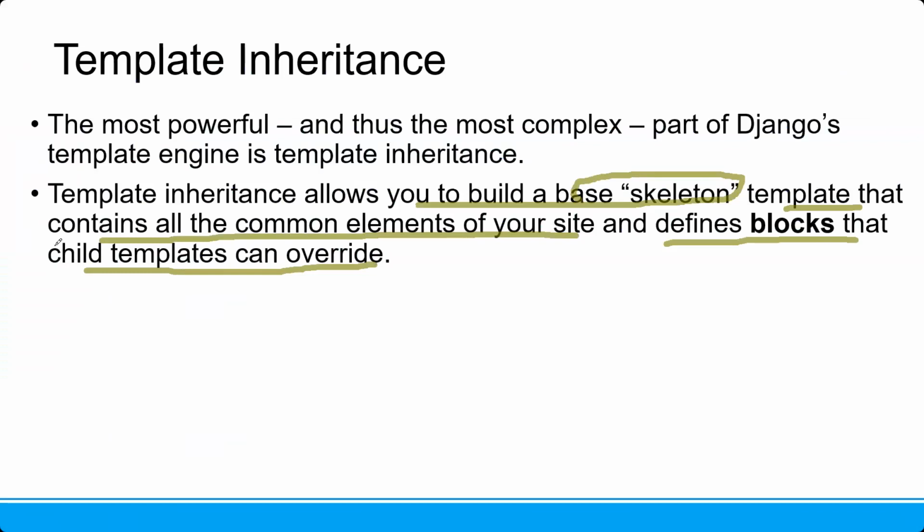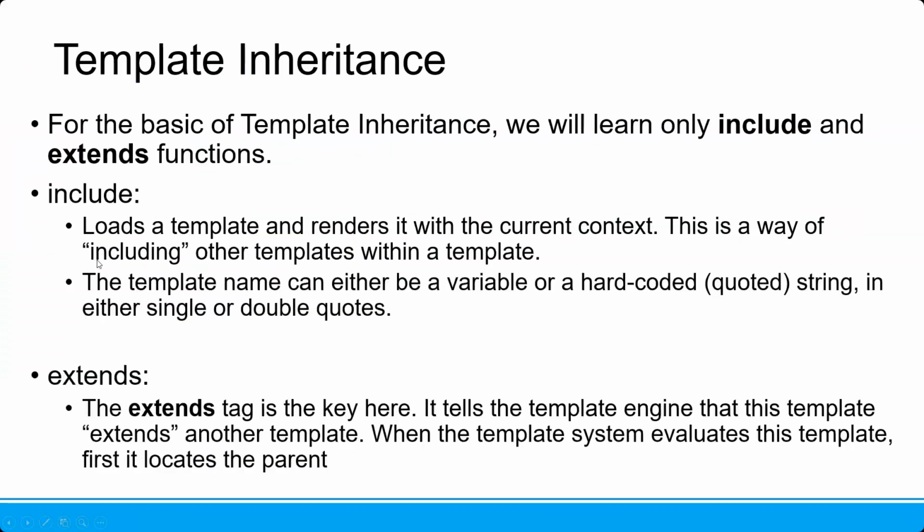So what does it mean? We will learn two things in this template inheritance. For the basics, we will learn only include and extend. Actually there are some more, but let's just focus on these two.